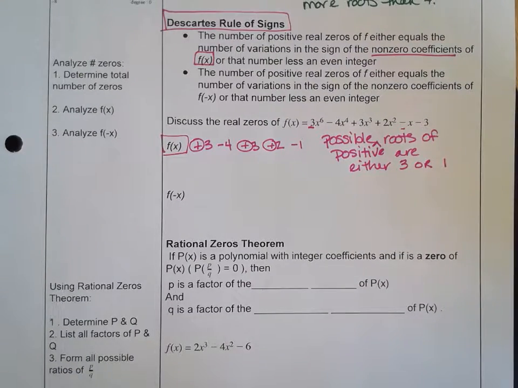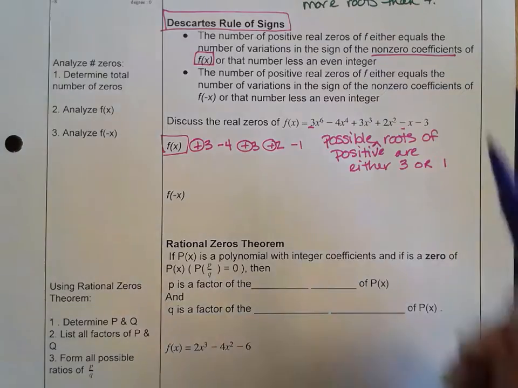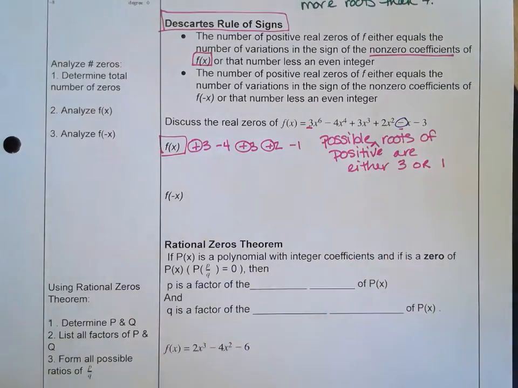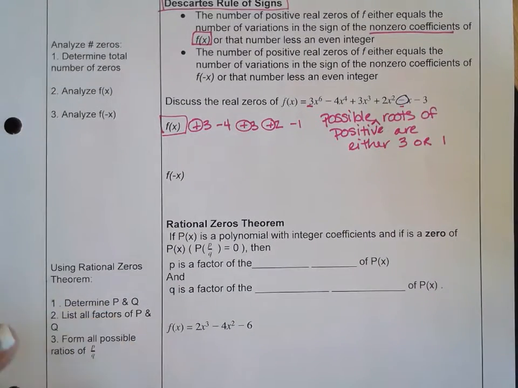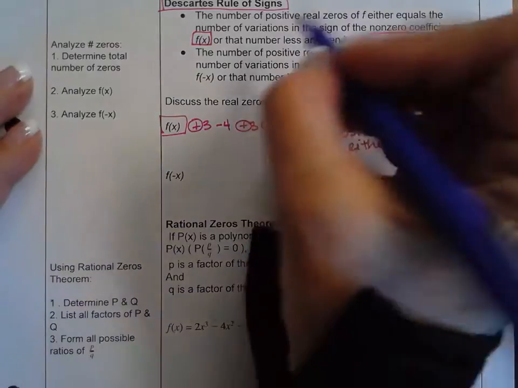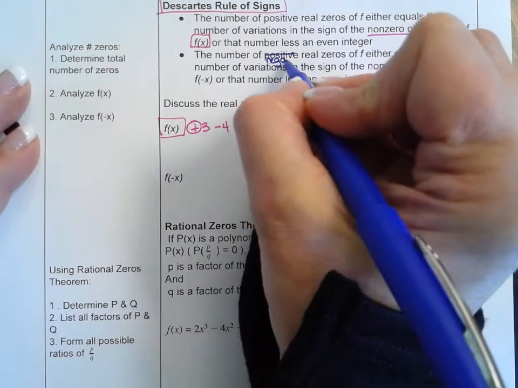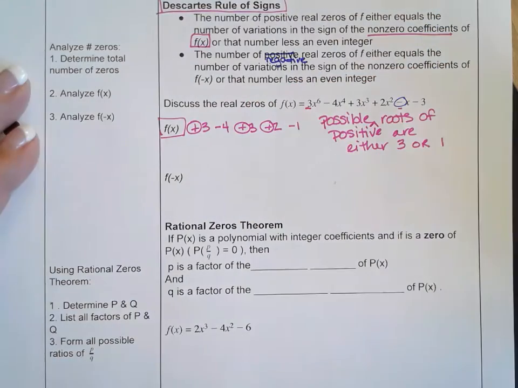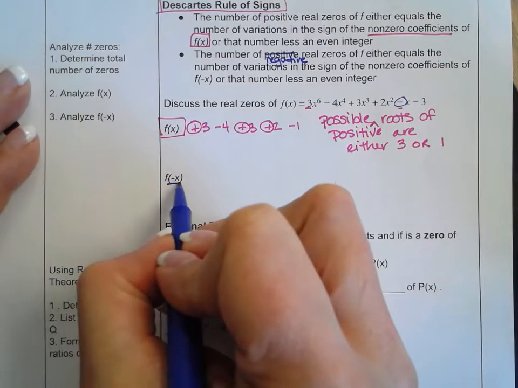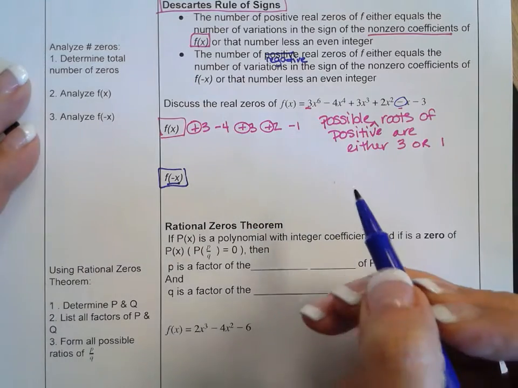Where'd you get the -1? Okay. Now to find your negative real zeros, you put a negative x in for your function.